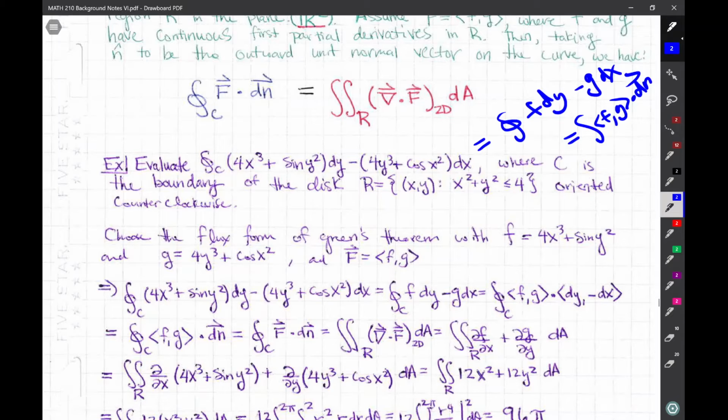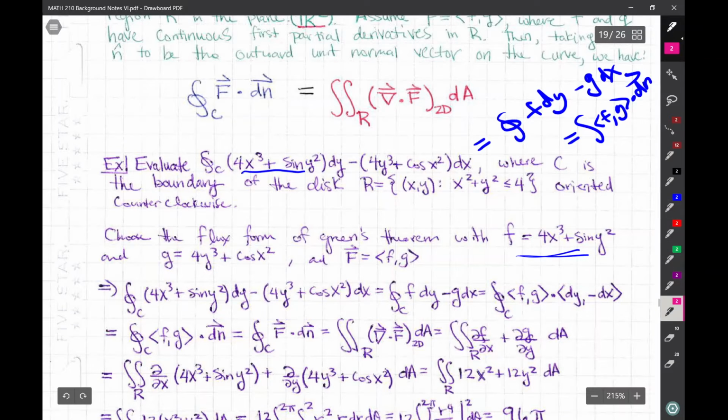So this is already written in the flux form if we choose this for F. And if we choose for G this, then we already have it in this form.